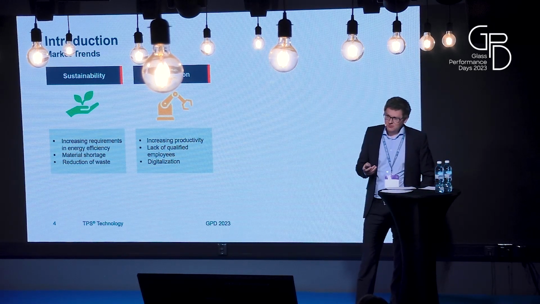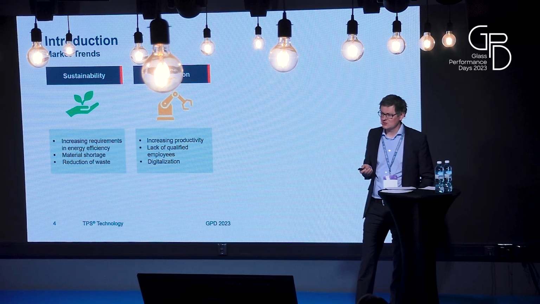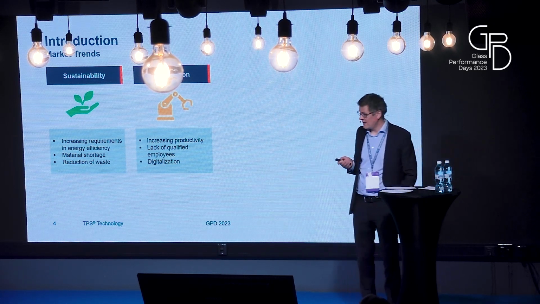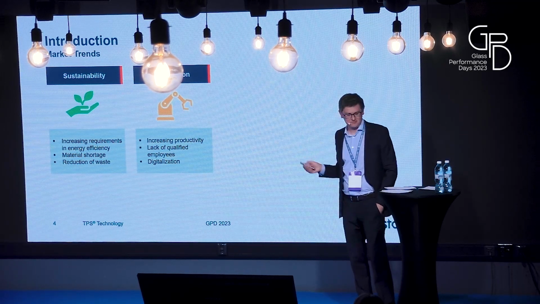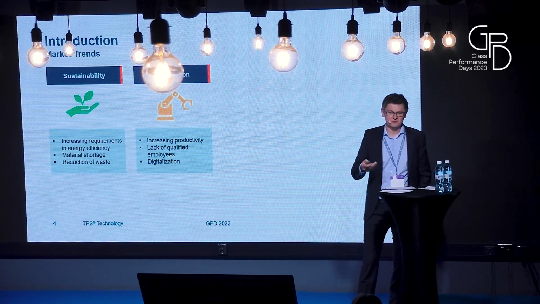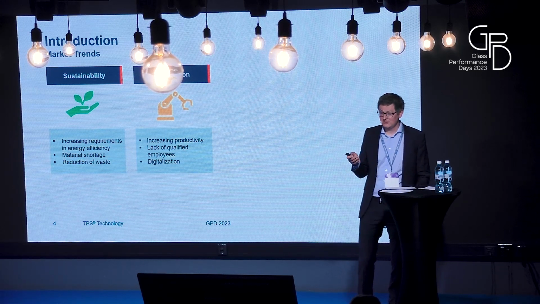At the end, it's the key for profitability. In addition, there is a lack of qualified employees. Many companies are facing the challenge of finding skilled professionals, and automation can be a solution for that. And then we have benefits with automation like reduction of errors, digitalization, and so on. So the trend will definitely go further.